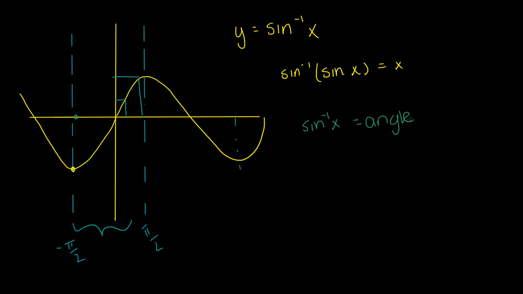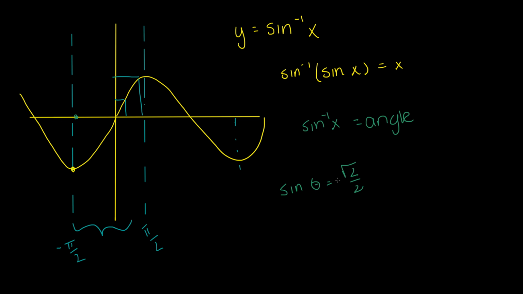The inverse sine function allows you to input the value of the output. So let's say I'm looking at sine of theta equals square root of 2 over 2. We already know this one, but I'm just going to say I want to know what theta is.